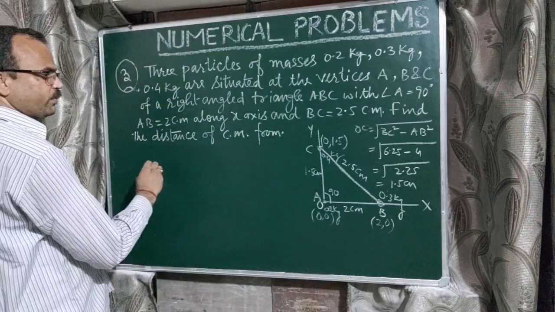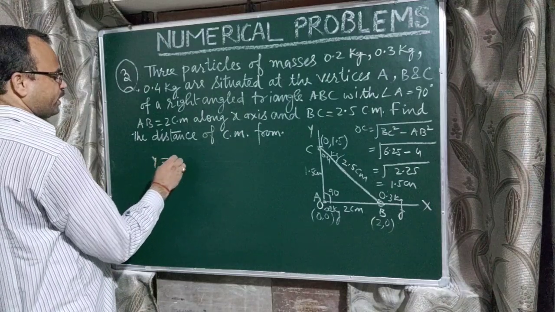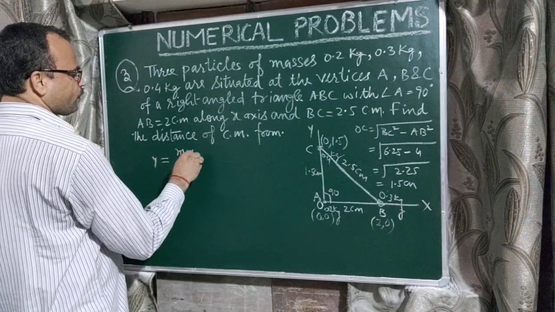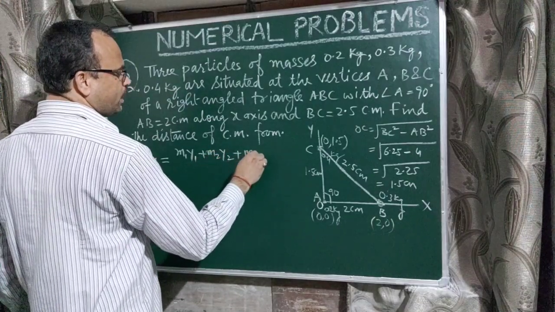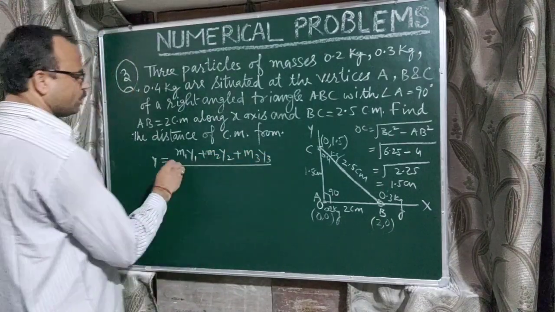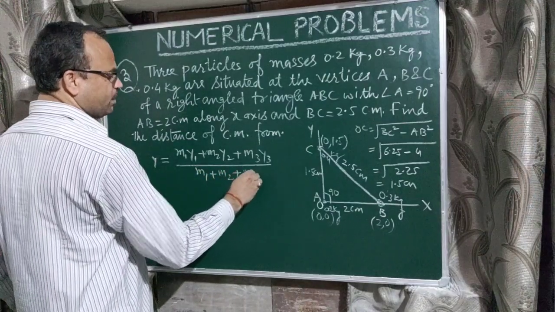Now find the value of the y coordinate. As we know, y = (m1 y1 + m2 y2 + m3 y3) / (m1 + m2 + m3).